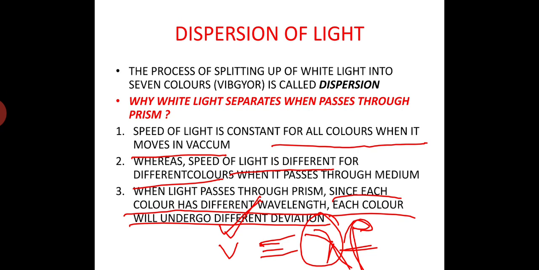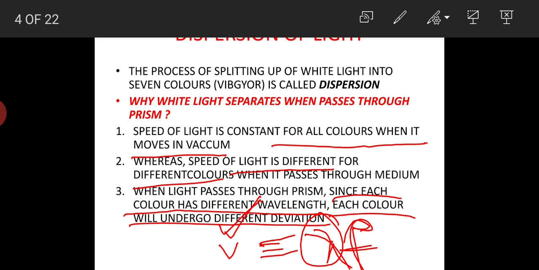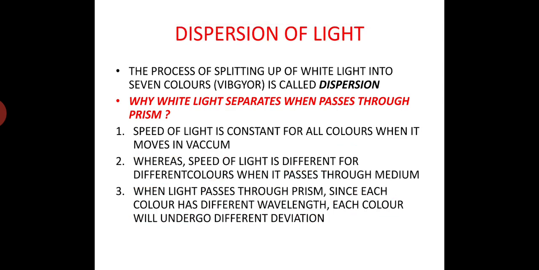For red, wavelength is more, it is 700 nanometers. For red, velocity of the light will be more, whereas velocity of violet will be less because its wavelength is only 400 nanometers. We know that wavelength of the VIBGYOR spectrum is 400 to 700 nanometers.